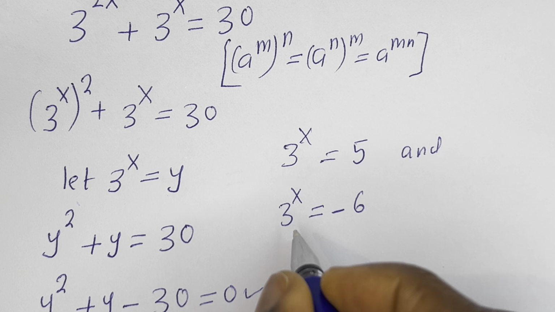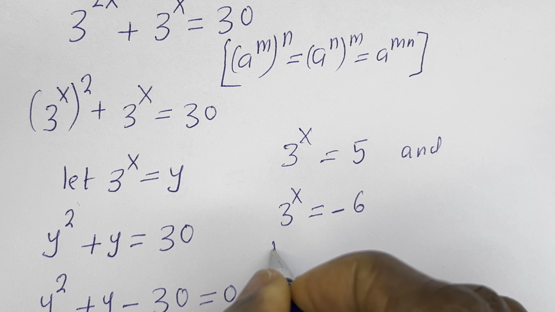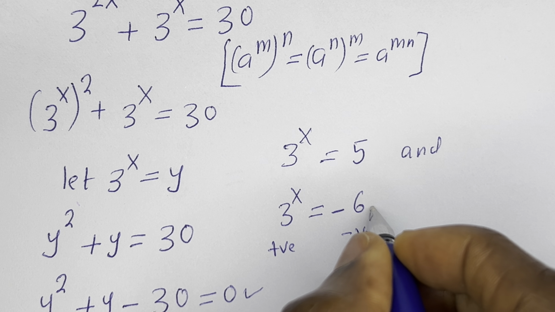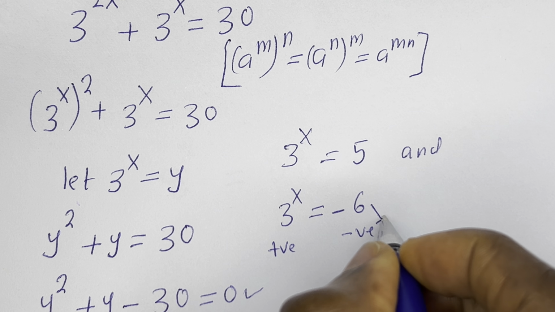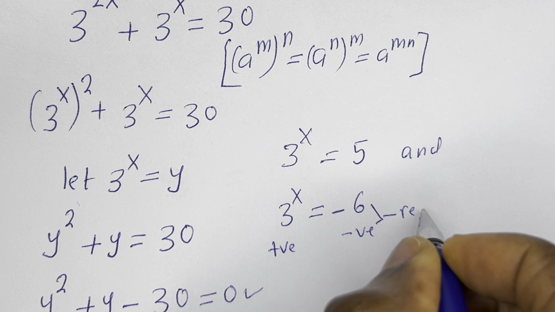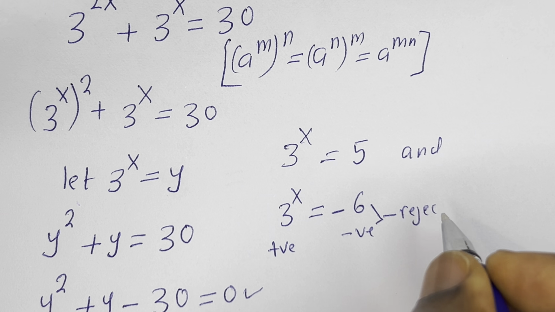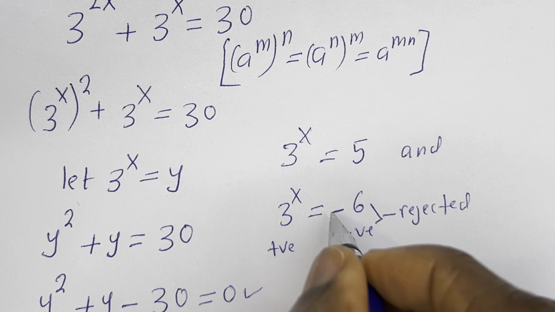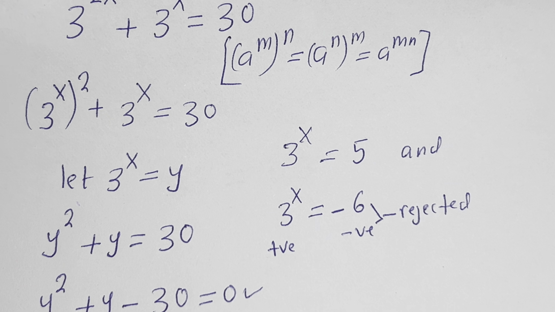But here 3 to the power of x is positive and this is negative, so it is rejected. Because 3 to the power of x cannot be equal to minus 6.